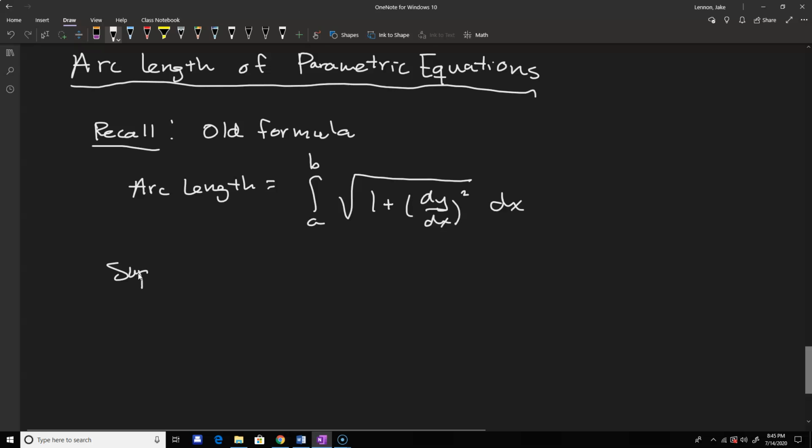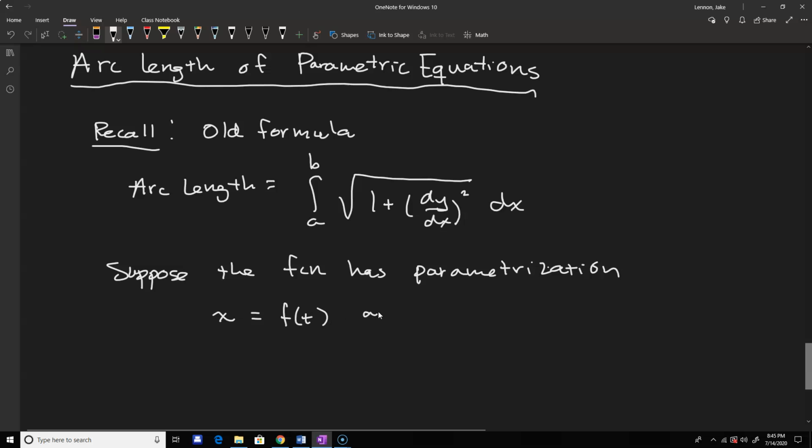So then let's use the convention above. Suppose the function has the parameterization like we were using above. Let's say x is equal to f of t and y is equal to g of t, then we can essentially plug in everything we want.